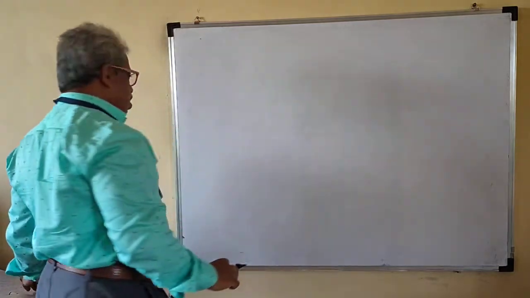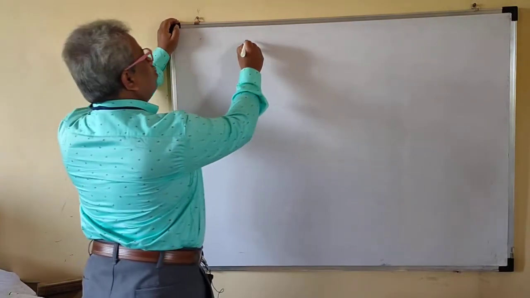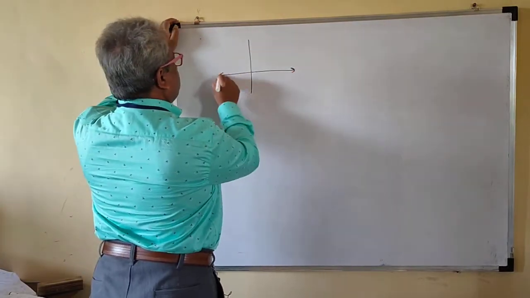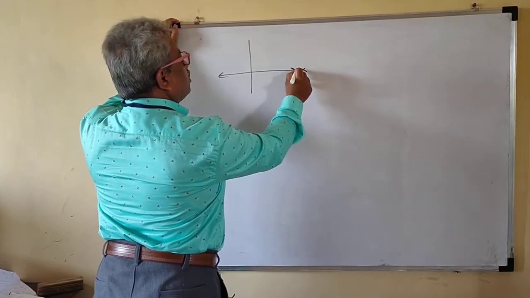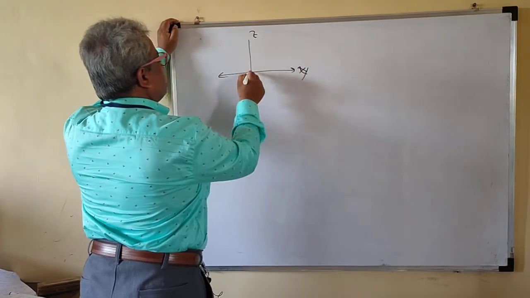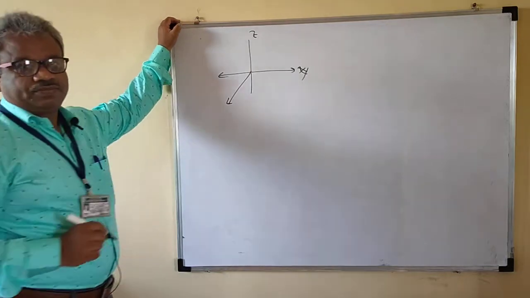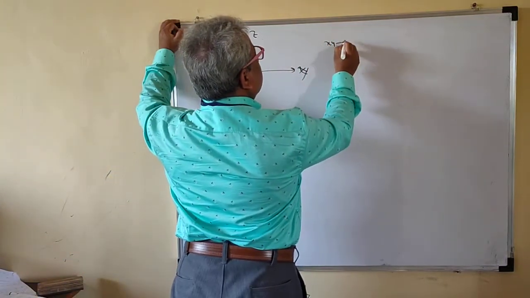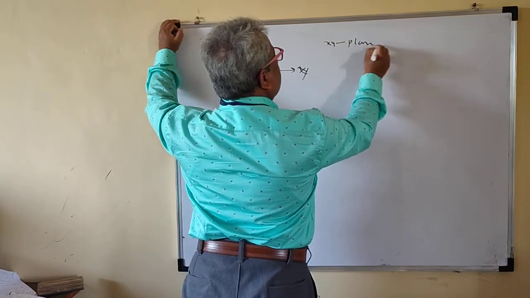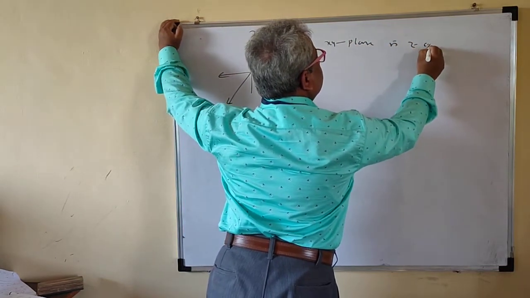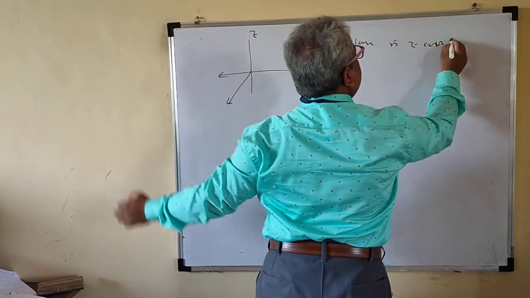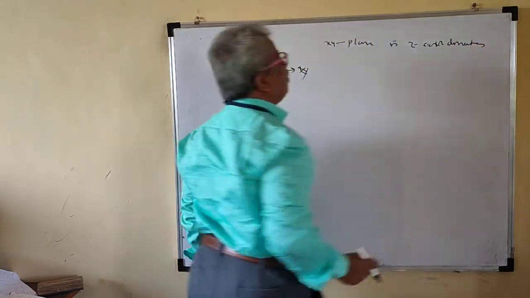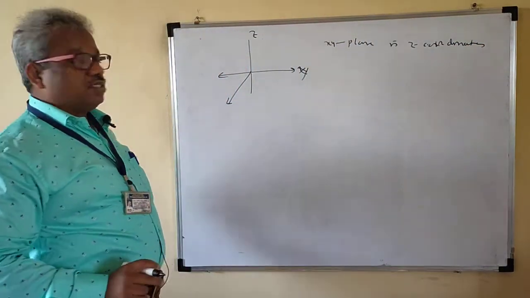Just we have to draw the perpendicular. Also, suppose this is your x-axis, this is the y-axis, this is your z-axis and this is your x-axis. Okay, so the distance from the xy plane is nothing but the z coordinate.